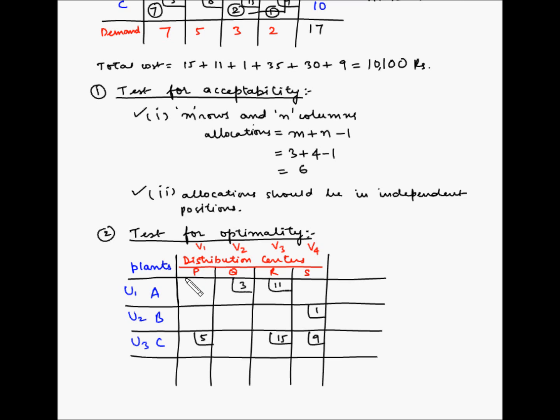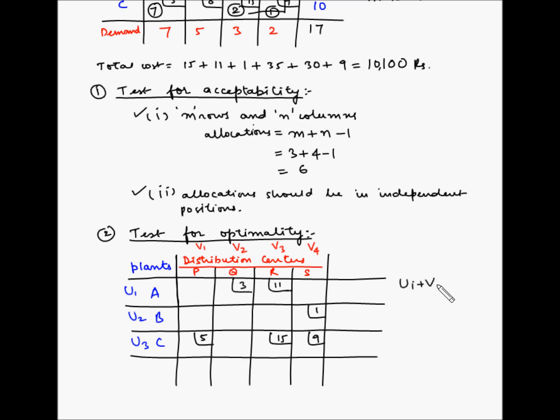Now the next step is to compute the values of U and V for the stone squares, or the squares which have allocations, such that Ui plus Vj is equal to Cij, where Cij is the cost for the square.